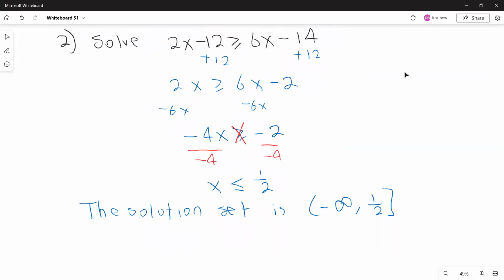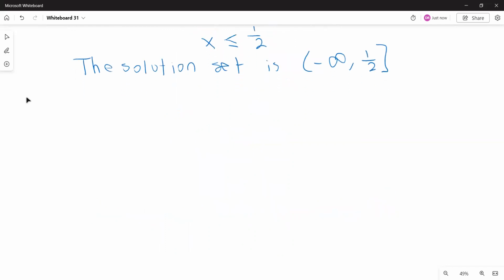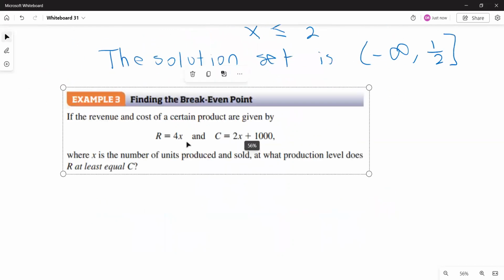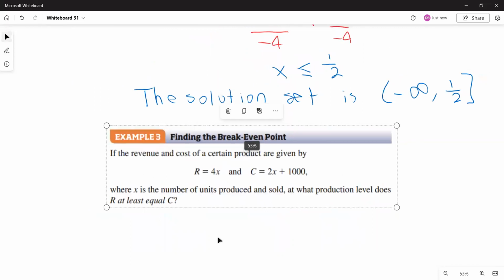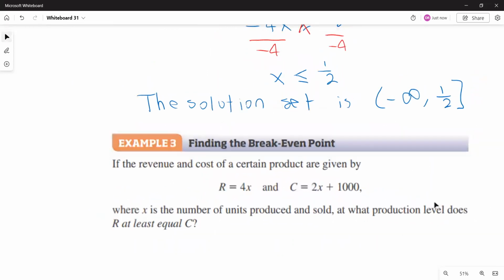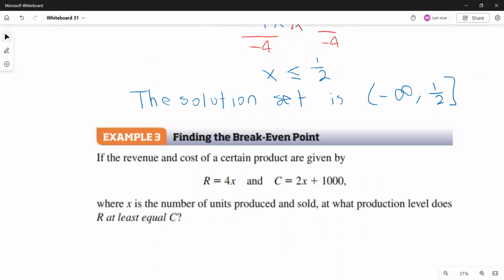So I'm going to do an application. Example 3. This is on page 152.